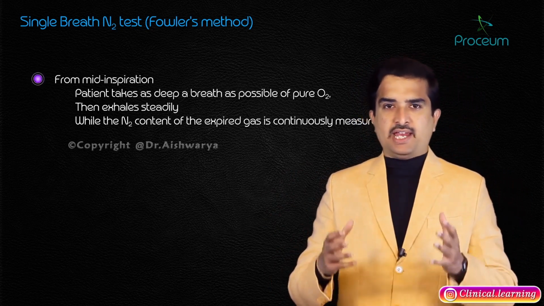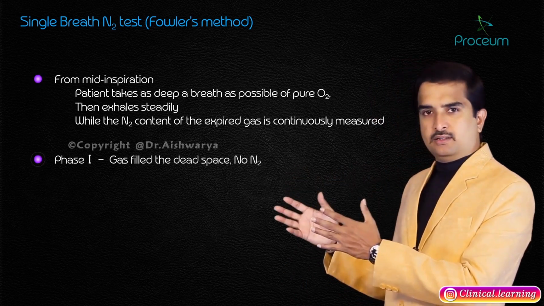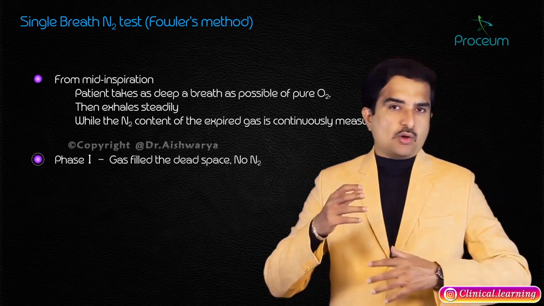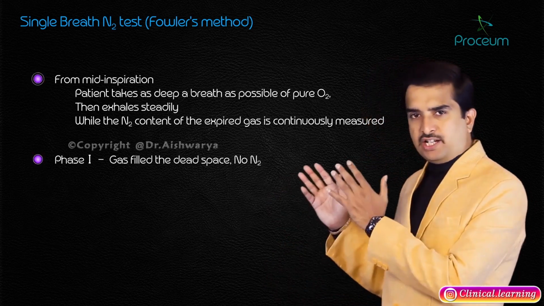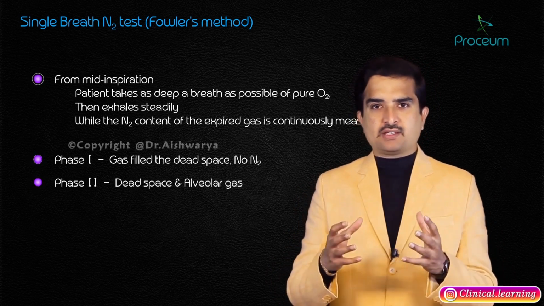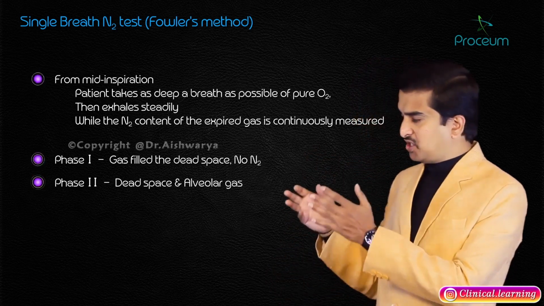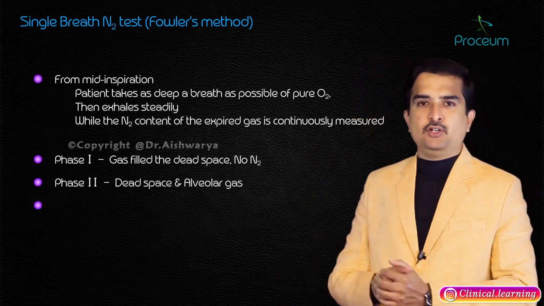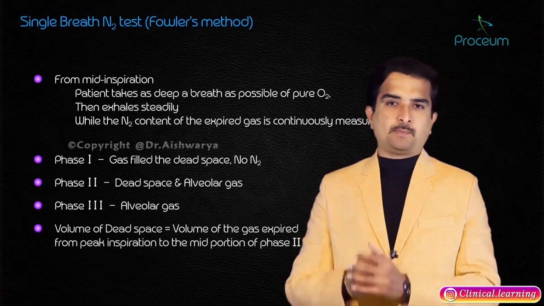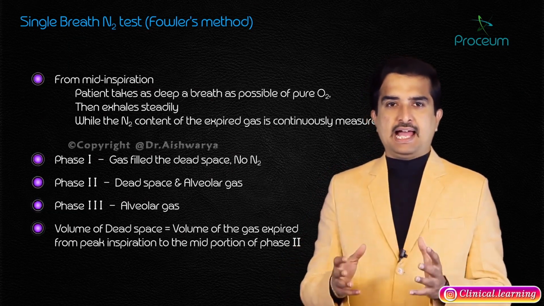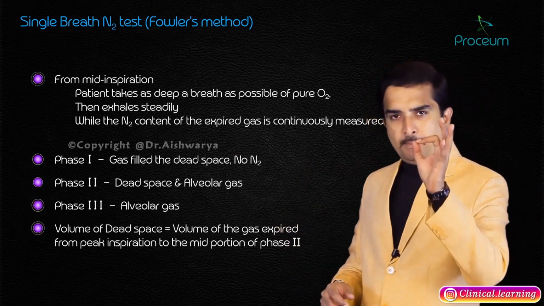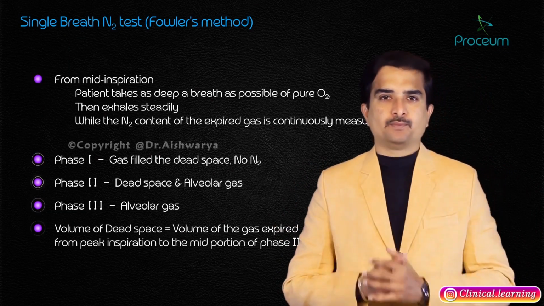The initial gas exhaled, in phase 1, is the gas that filled the dead space and consequently contains no nitrogen. This is followed by a mixture of dead space and alveolar gas, that is phase 2, and then by alveolar gas, which is phase 3. The volume of the dead space is the volume of gas expired from peak inspiration to the mid portion of phase 2.